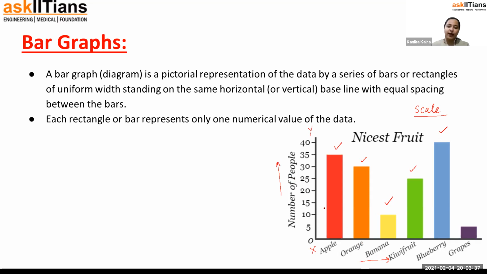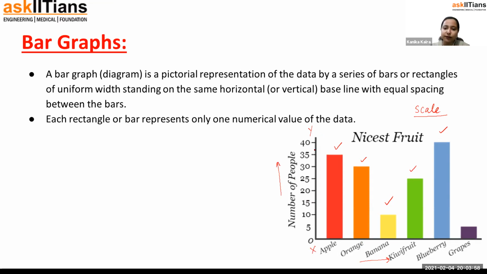One more thing, when we are talking about statistics or the data handling part, it always deals with positive x and positive y values. You will be learning about negative x and negative y values in higher grades. But as of now, we will be talking about only the positive values for x and y, right?